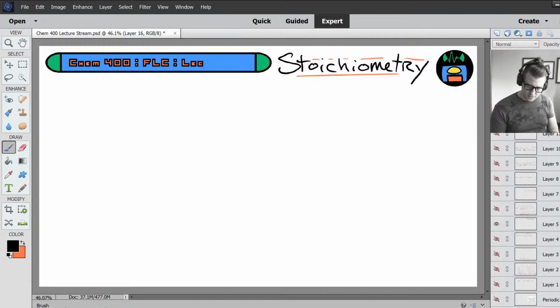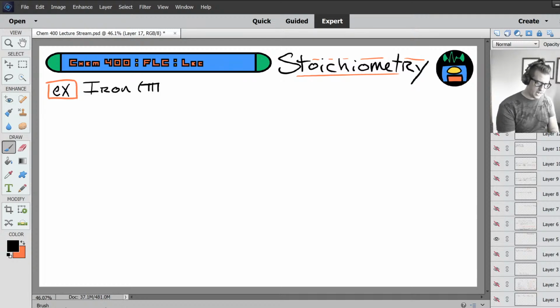Let's work an example together. Iron 3 oxide, and this is, by the way, exam caliber. Again, not for exam 1, because it only covers through chapter 3.